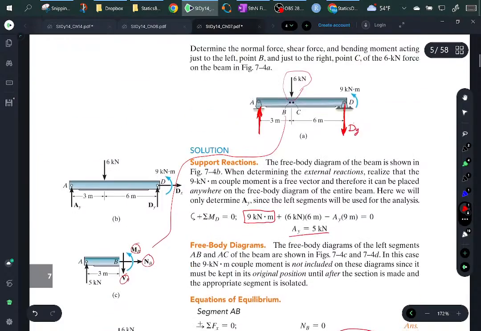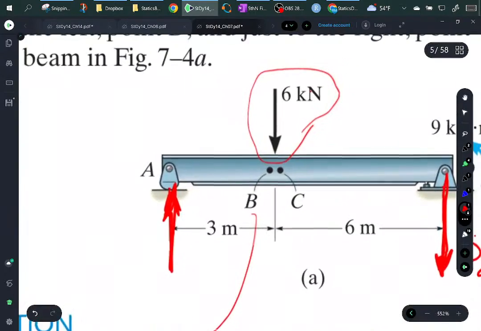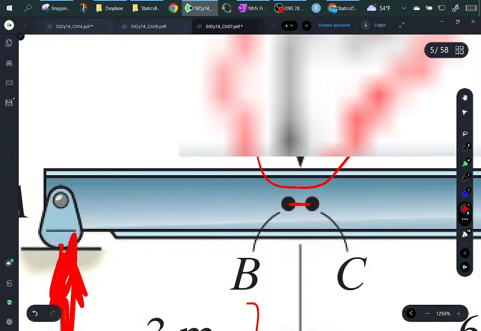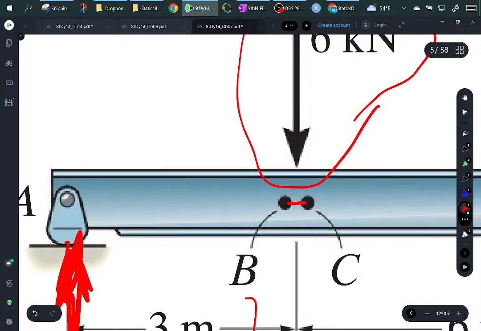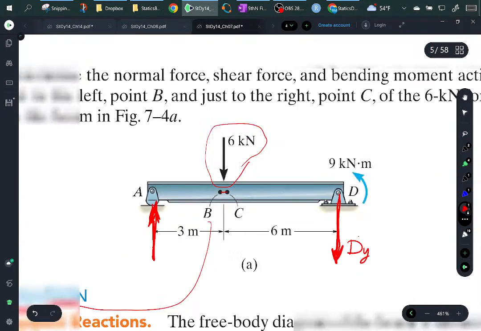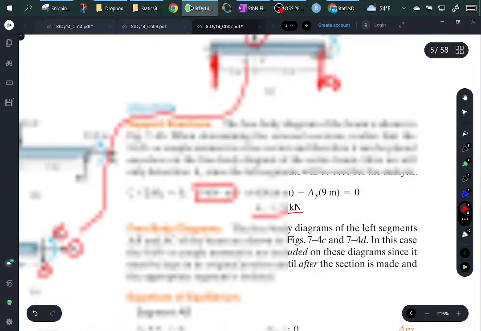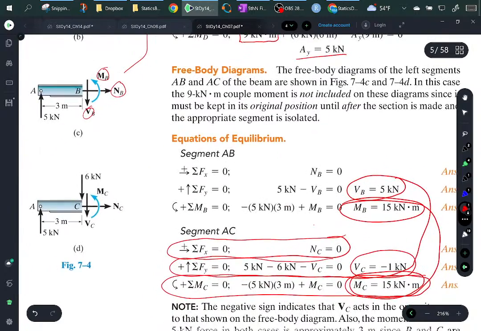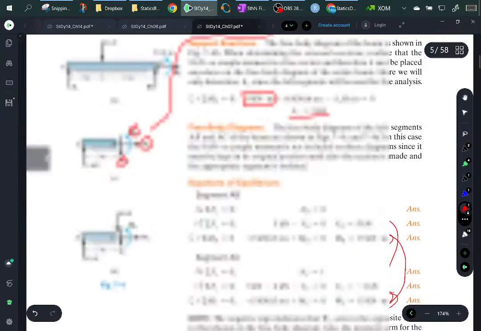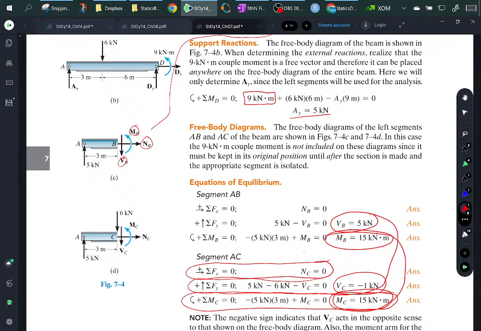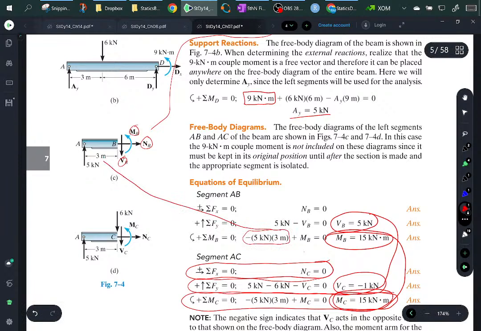The reason is that B and C are incrementally very close together. So the distance between these two is very, very small, meaning that when you go to sum the moments, notice what he's done here. He has the moment of 3 times 5 kilonewton.